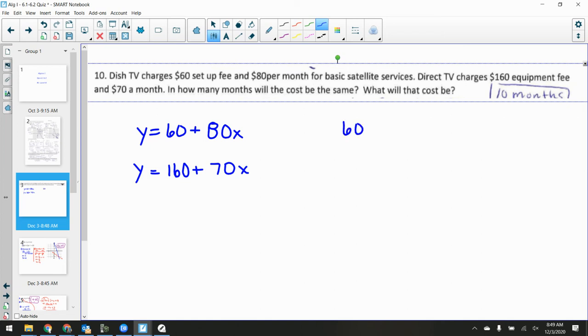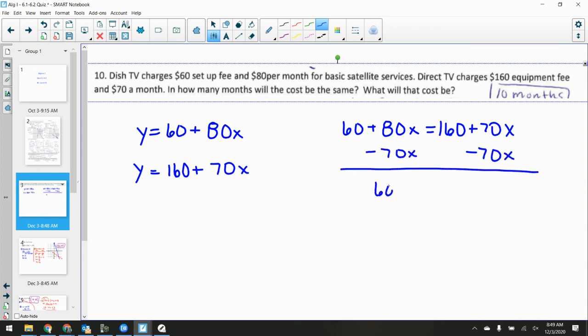So 60, since they're both set equal to y, I can set them equal to each other. 60 plus 80x is 160 plus 70x. And now we subtract the 70 from both sides. So that gives me 60 plus 10x is equal to 160. I subtract the 60 from both sides. 10x is equal to 100.